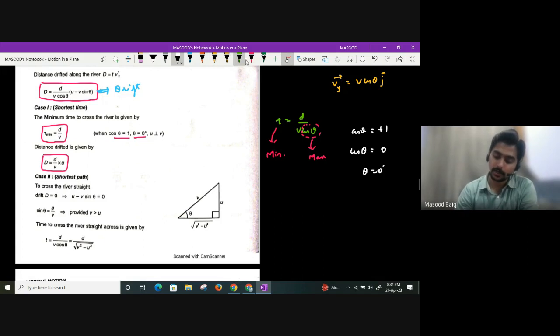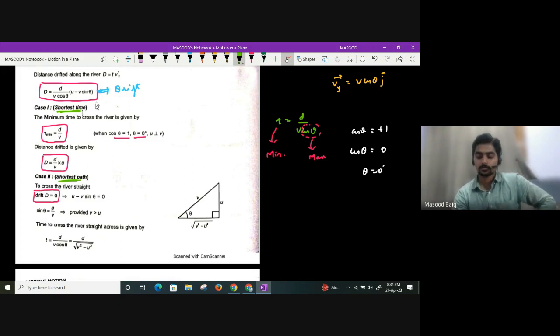Then you have something called the shortest path. Now the shortest path happens to be only the width, guys. So for shortest path, drift should be 0. Very important case again. We have two cases. One is shortest time, other is shortest path. In shortest time, cos theta value should be maximum, so theta value should be taken as 0.